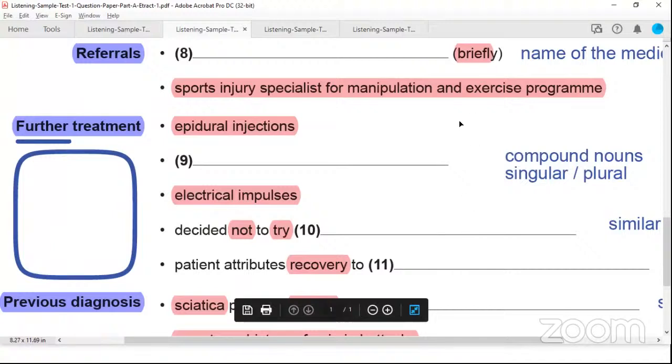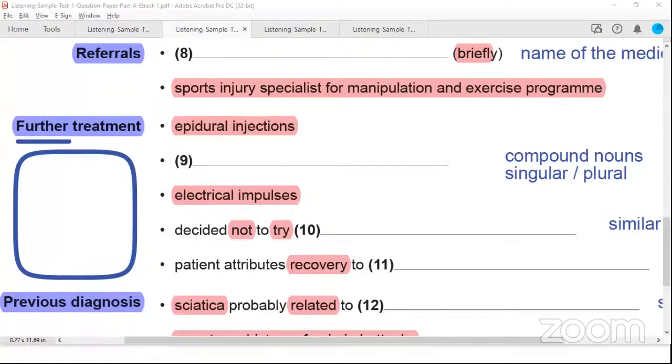Question number 10. 7, 6, 5, 4, 3, 2, 1, and submit.